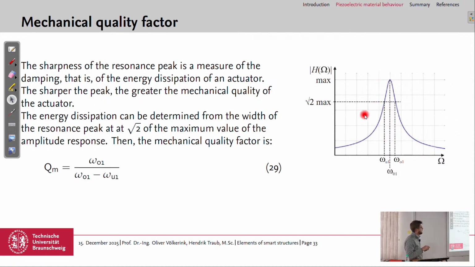If we go to the resonance peak and take values of minus and plus square root 2 to the left and right of the resonance frequency, we get these frequencies omega O1 and omega U1.